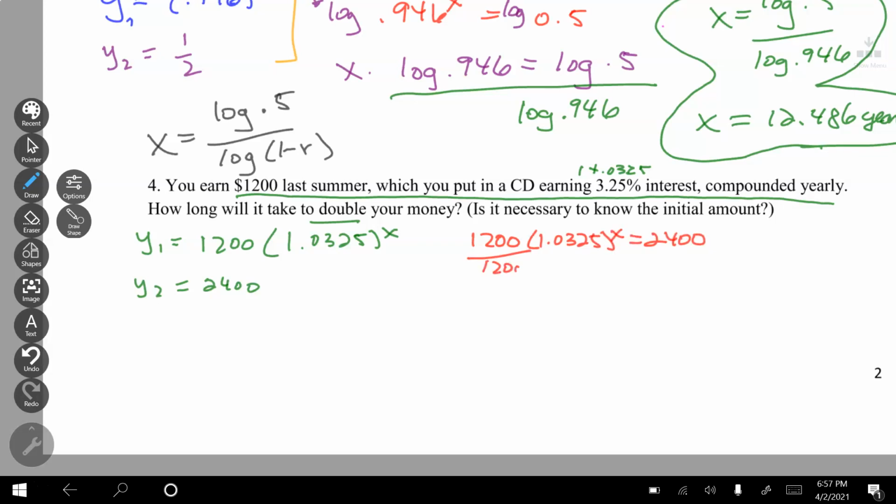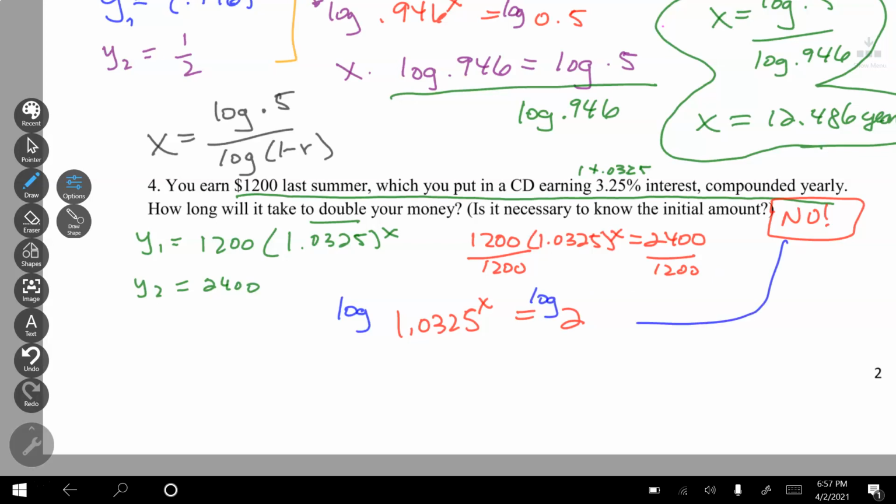The first thing I'm going to do is divide out by the 1200. I get 1.0325 raised to the x is equal to 2. So do I need the initial amount? No. Double is double, because what I'm really getting is this equation.